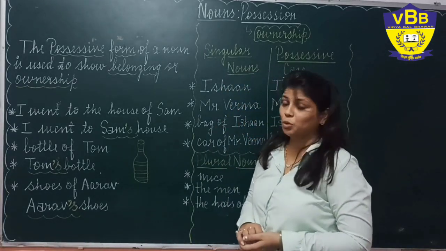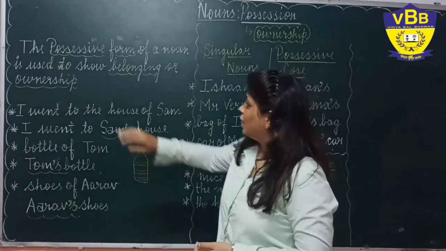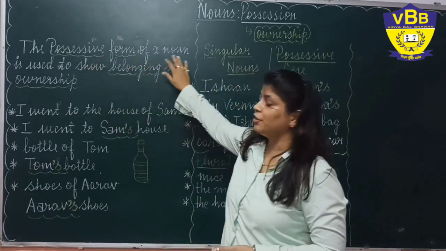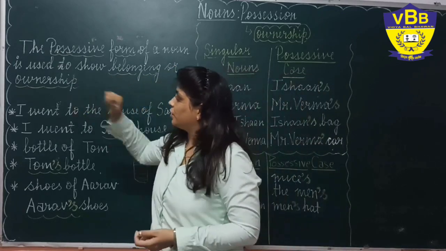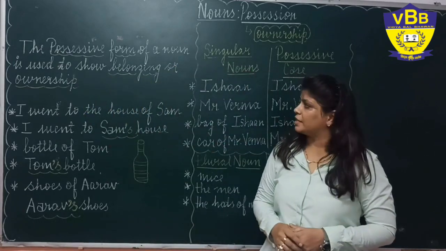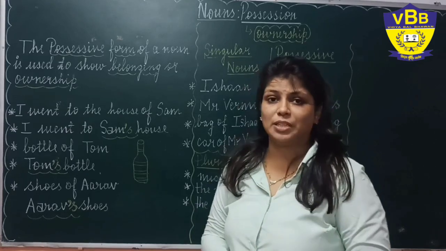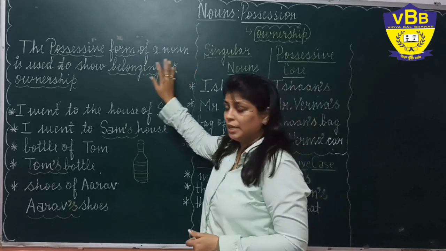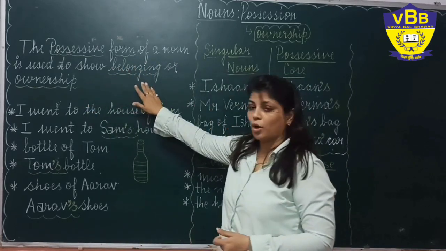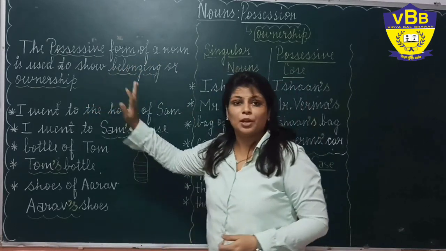So let us see what you mean by the possessive form. The possessive form of a noun is used to show belonging or ownership. So, as I have told you that possession means ownership, the possessive form of a noun is used to show belonging or ownership.